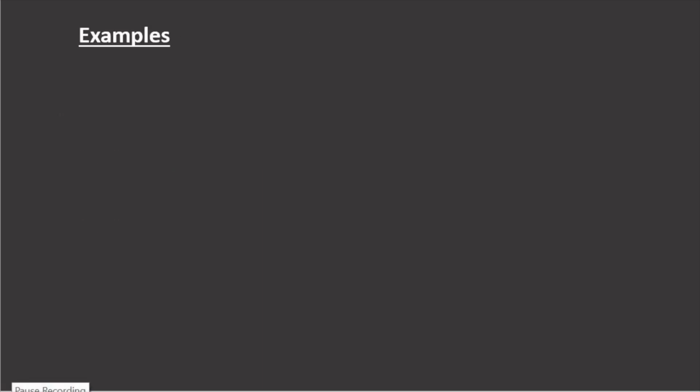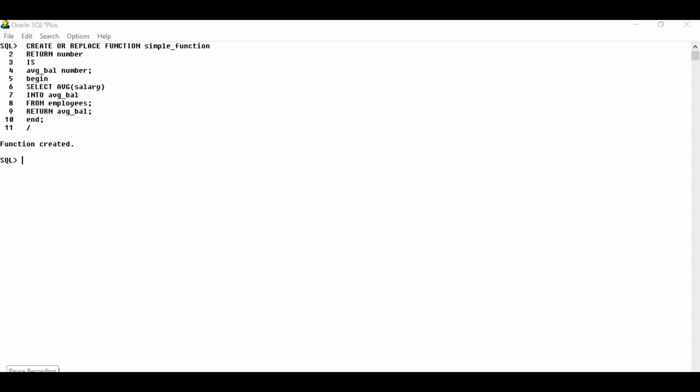Now let's see the examples related with the PLSQL functions. So let's start with our first example. Here I have created a simple function without any parameter to calculate average salary of an employee. Create or replace function, function name as simple function, return number data type, is keyword. Here I have declared a variable which is average balance of the number data type.